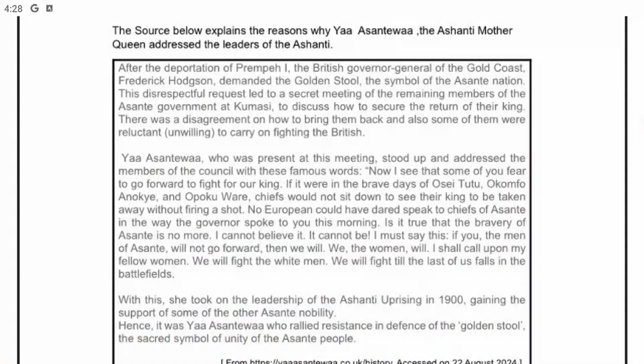This disrespectful request led to a secret meeting of the remaining members of the Asante government at Kumasi to discuss how to secure the return of their king. There was a disagreement on how to bring them back, and some of them were reluctant or unwilling to carry on fighting the British.